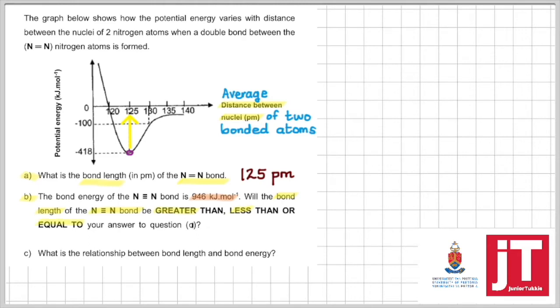We can start off by finding out what the bond energy of this nitrogen double bond is. We read it off of the y-axis of the graph and find that it is 418 kilojoules per mole. Since 418 is smaller than 946, we can conclude that the nitrogen triple bond is stronger than the double bond, and therefore more energy will be absorbed in order to break this triple bond.